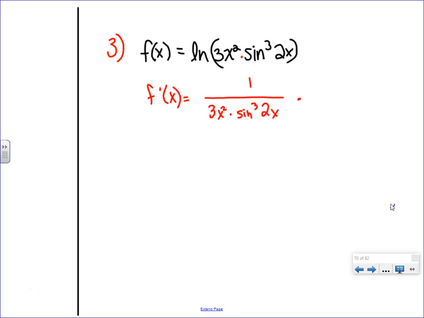Times who? Times u. I'm just going to write this because I don't think I'm going to be able to do this in my head all at once. So I'm going to say times u prime. Does this work for signifying u prime? Yes, because I'm just saying take the derivative of him. And some of you were like, oh, product rule.